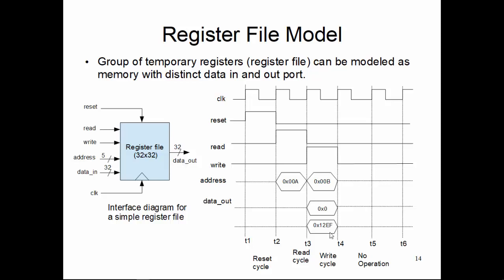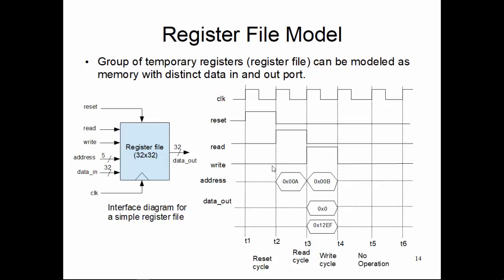Why? Because this level is missing by the way, but this is the data in. So you are presenting the write data onto a completely separate electrical signal compared to your data out.